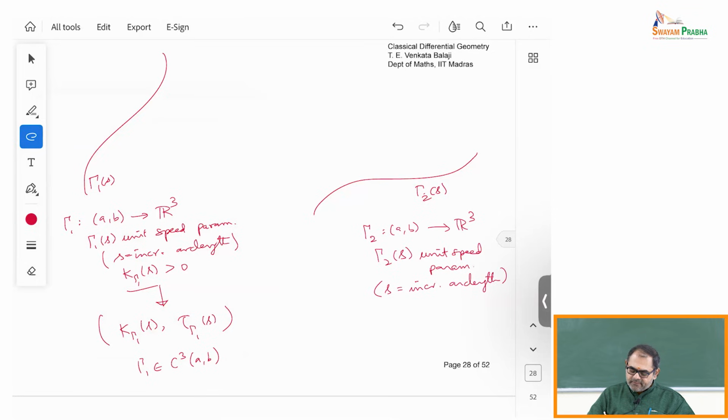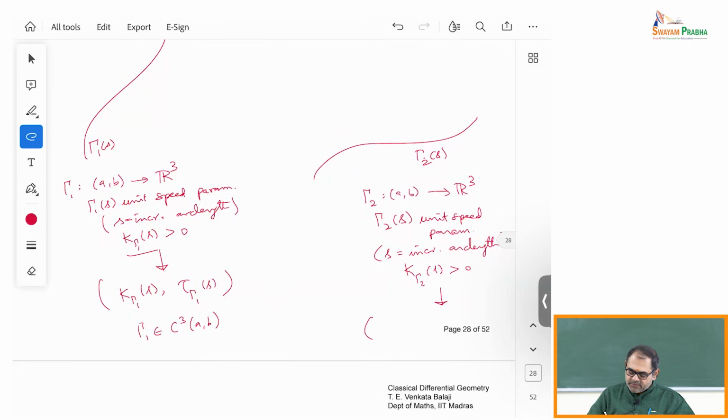And again the curvature of gamma 2 is always positive, so that the torsion is defined, and then you associate to this curve its curvature and torsion, k of gamma 2 of s, tau of gamma 2 of s. These are respectively the curvature and the torsion for gamma 2, and again gamma 2 is also third continuously differentiable on [a,b]. You need that for the torsion to be continuous.